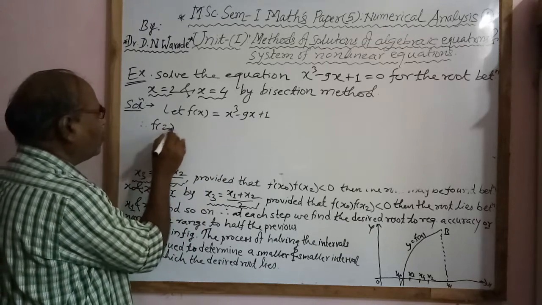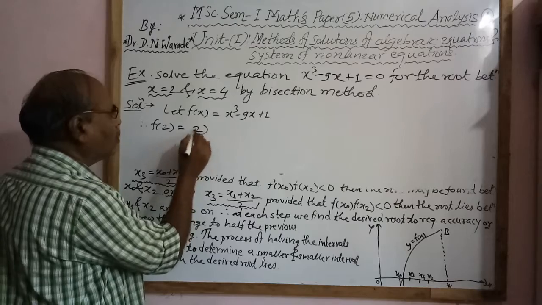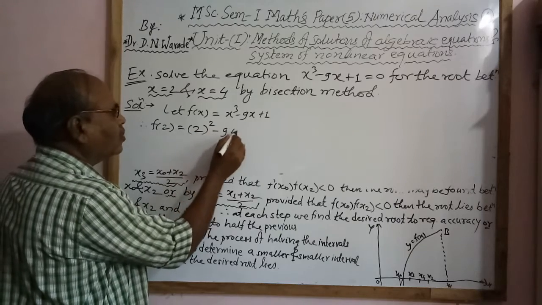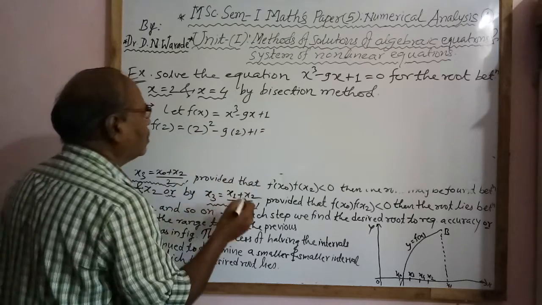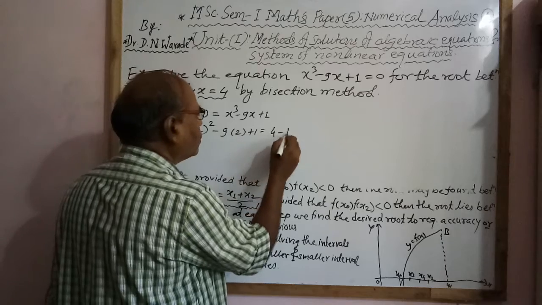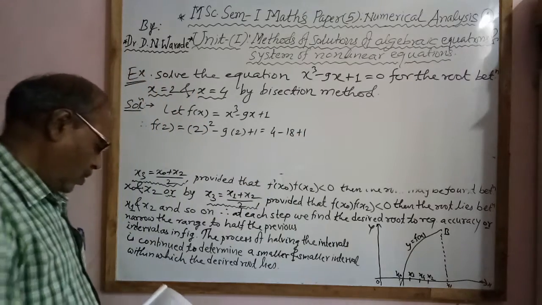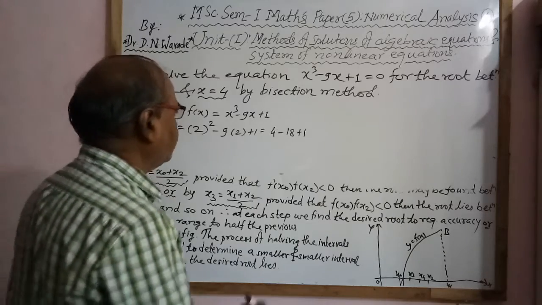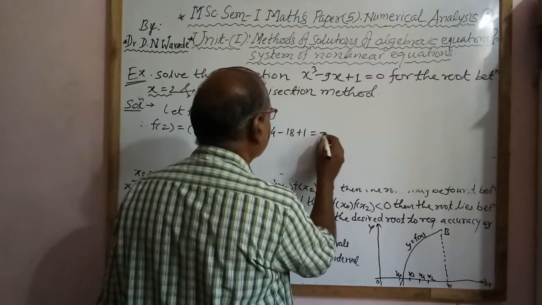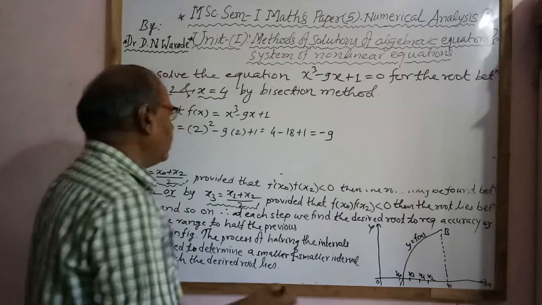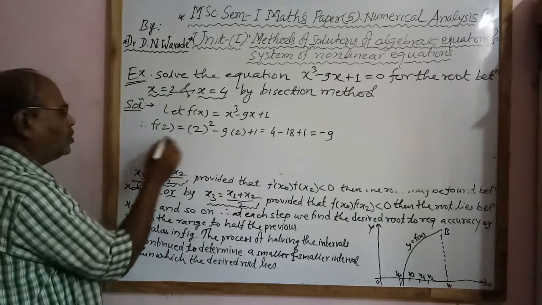Therefore, we find f of 2, that is, put x equal to 2: 2 cube minus 9 into 2 plus 1. Therefore, 8 minus 18 plus 1. Now this will get as minus 9, which is less than 0, which is negative.